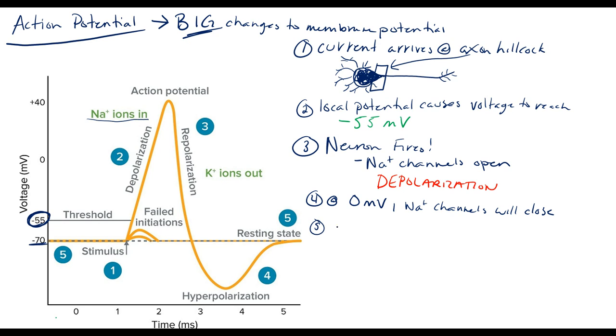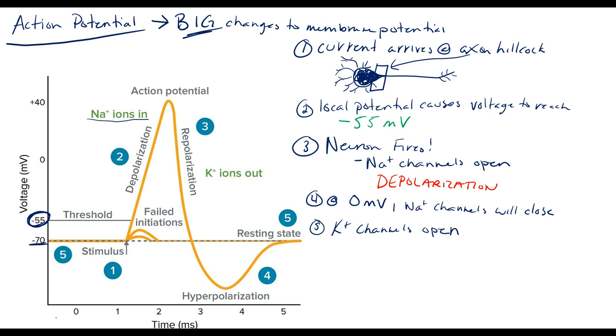Those potassium channels are going to open. Remember, potassium at this point is at the highest concentration inside of the cell, right? And if you remember back from osmosis, things move from an area of high concentration to low concentration. So once those channels open, the potassium is going to rush out of the cell.